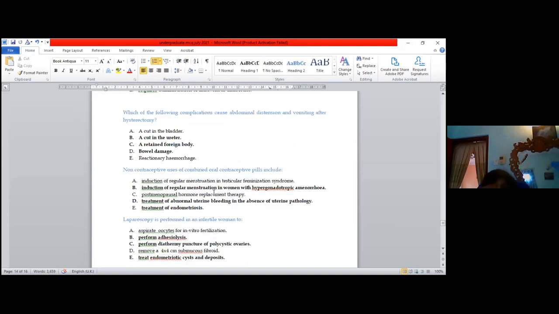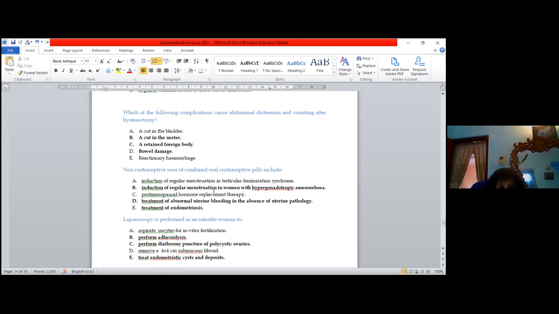The non-contraceptive uses of combined oral contraceptives include induction of regular menstruation. Testicular feminization syndrome, complete androgen insensitivity, it cannot, because we said a few minutes ago that the woman doesn't carry a uterus because she has a testis producing AMH, therefore the uterus will disappear. Induction of regular menstruation in women with hypergonadotrophic amenorrhea, yes. What do you mean by hypergonadotrophic? Where there is ovarian failure.